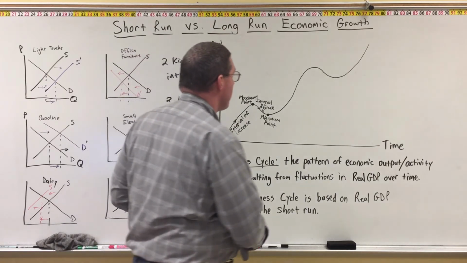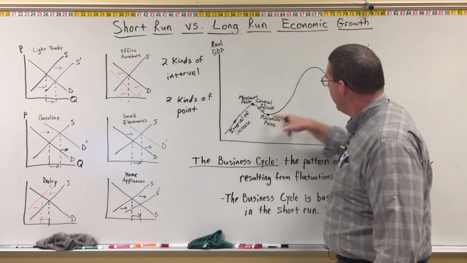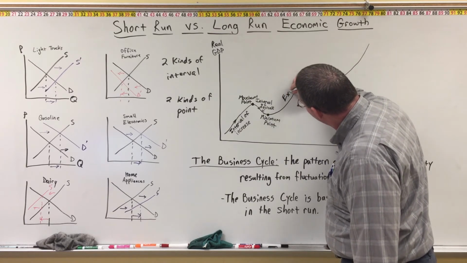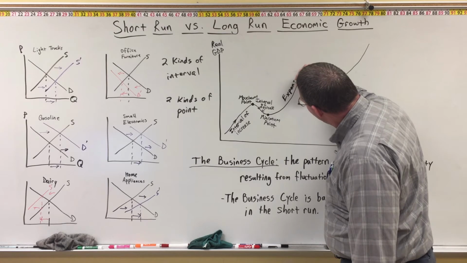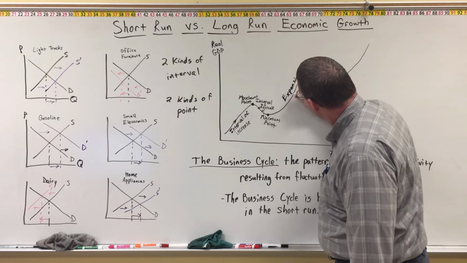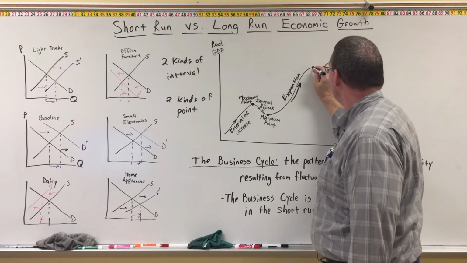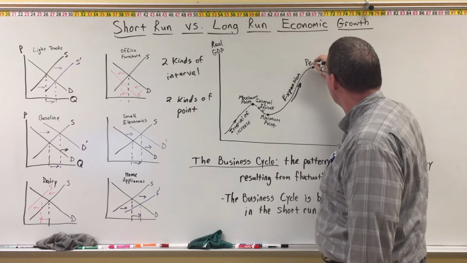And the names for these things are, an interval of increase is called an economic expansion. An expansion, okay, is an interval of increase. A maximum point is called a peak.